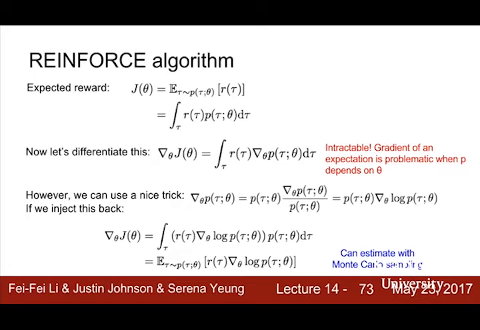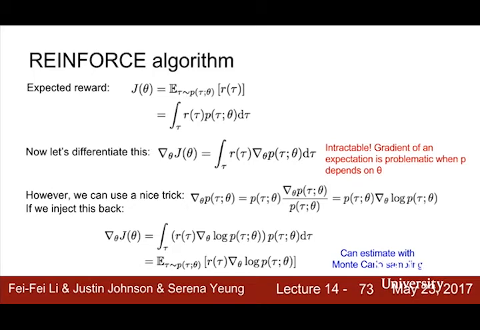Okay, so if we then inject this back into our expression that we had earlier for this gradient, we can see what this will actually look like, right? Because now we have a gradient of log p times the probabilities of all of these trajectories, and then taking this integral here over tau. This is now going to be an expectation over our trajectories tau.